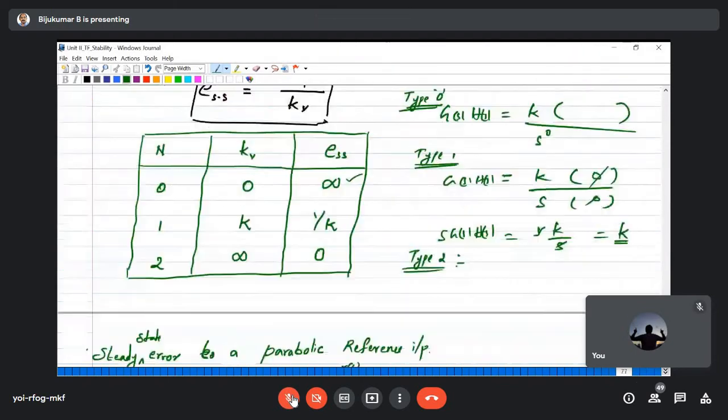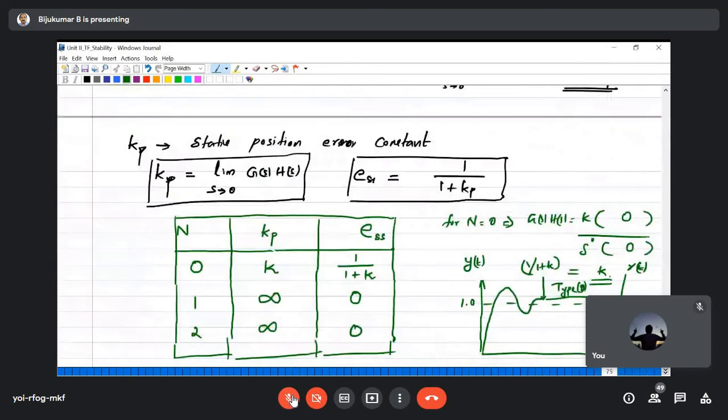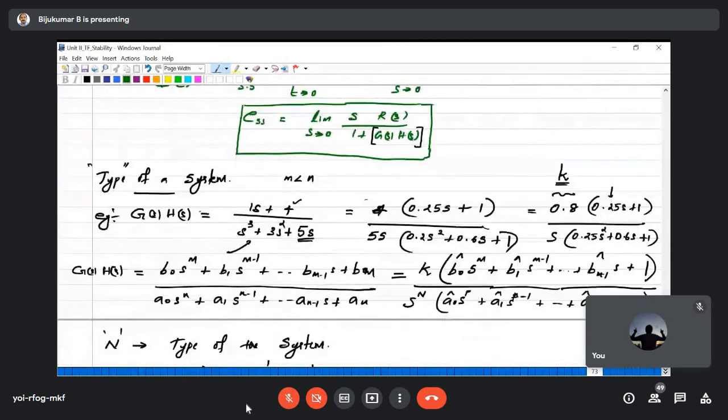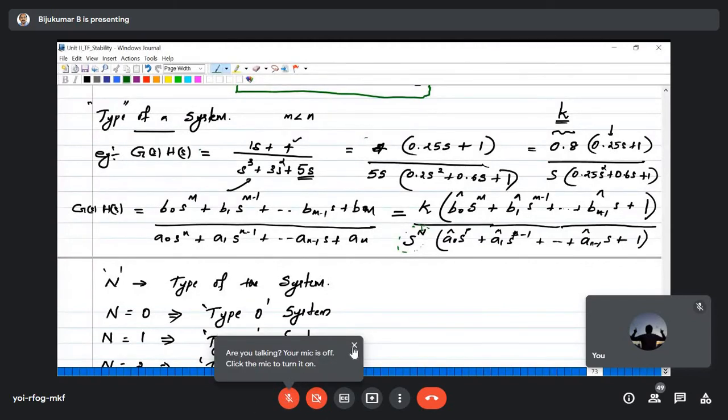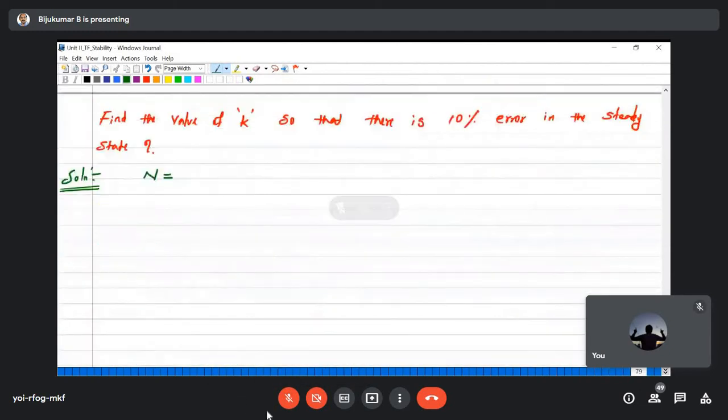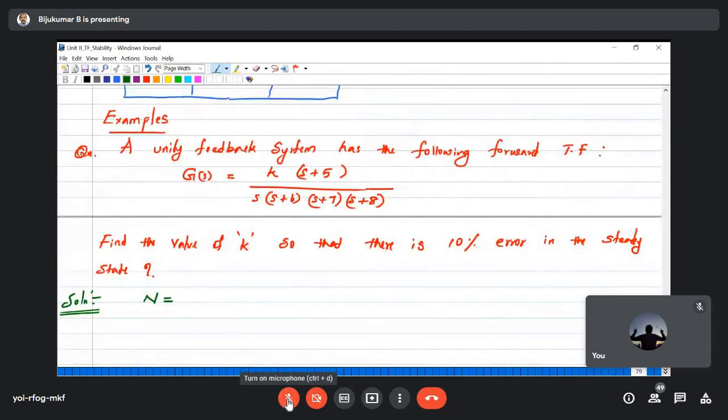I think you are confused. One second. So if you are writing in this form, this n, the power of s, decides the type of the system, right? So in this, what is n? n is 1, right?